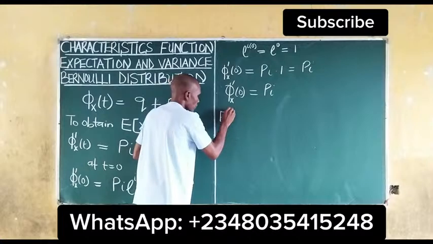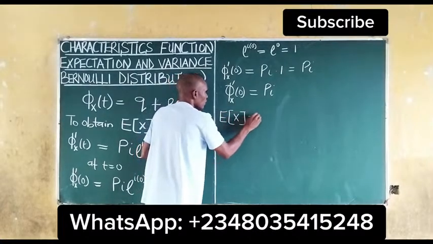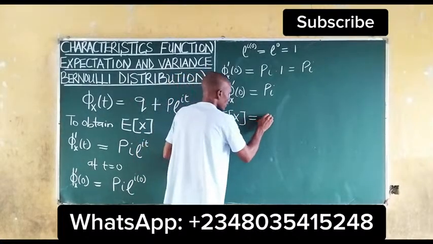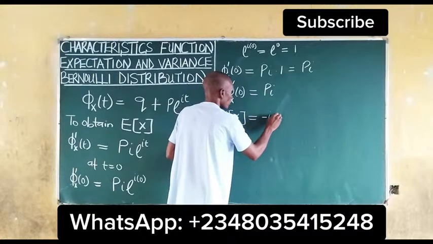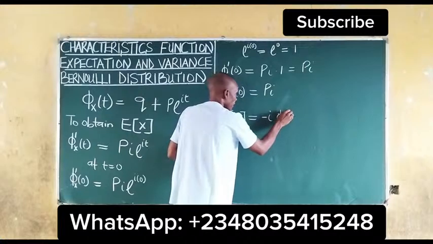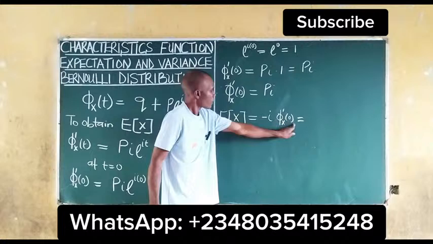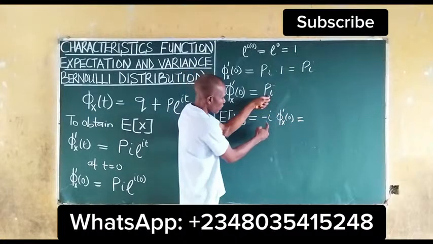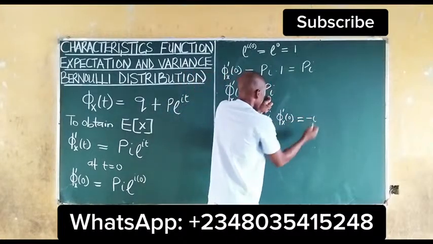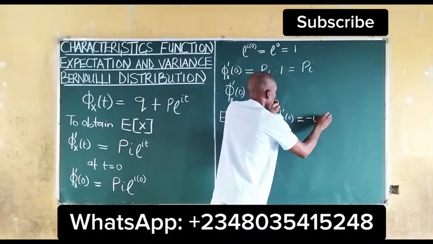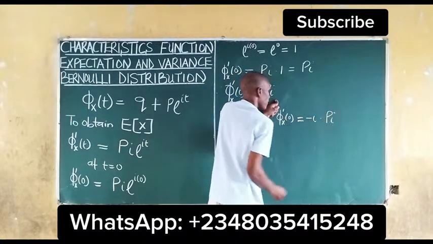The expectation of x can be written as negative i times our first derivative, which is negative i multiplied by pi.